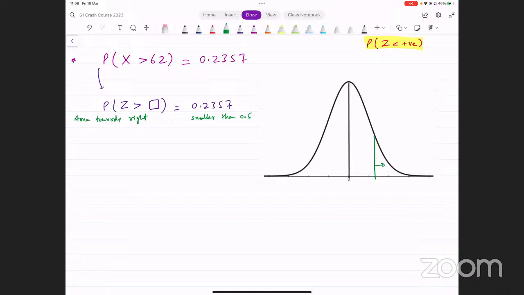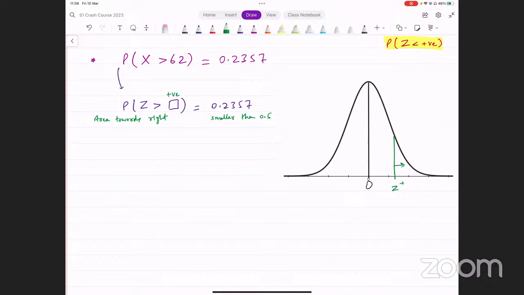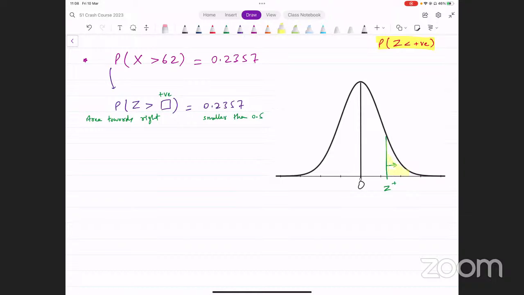And that's exactly what we want. So Z should be placed here. That means Z is on the positive side. So the value of Z that we have here is a positive value. All right. And we are given that this region, this area, how much is this?